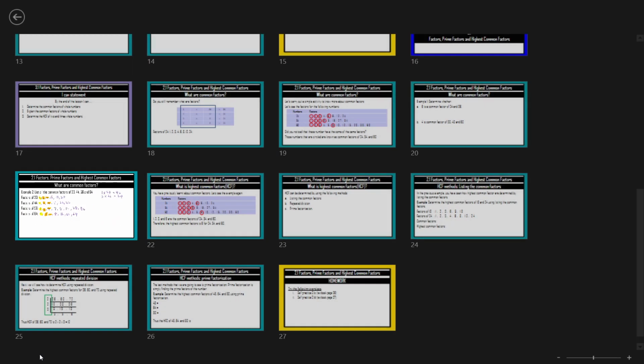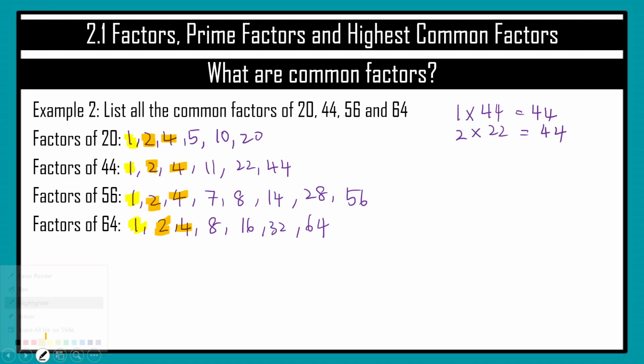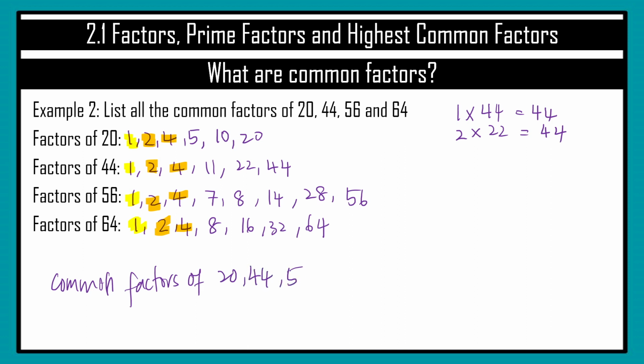So the common factors of 20, 44, 56, and 64 are 1, 2, 4.